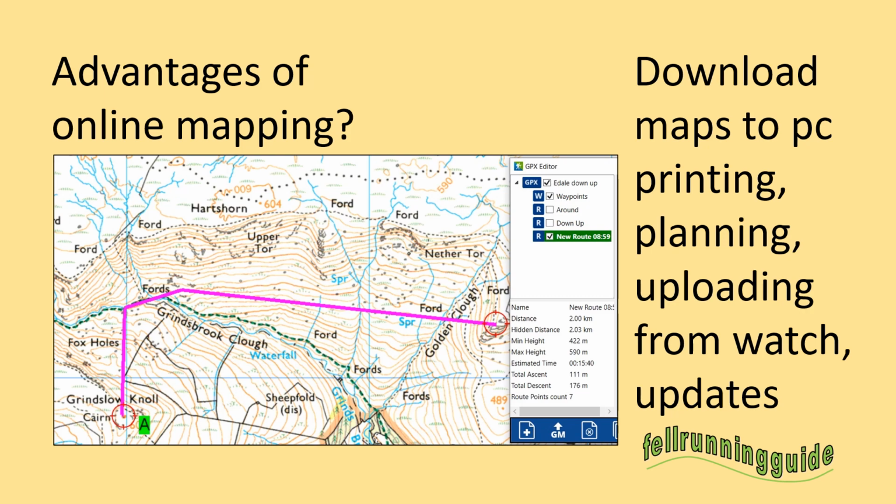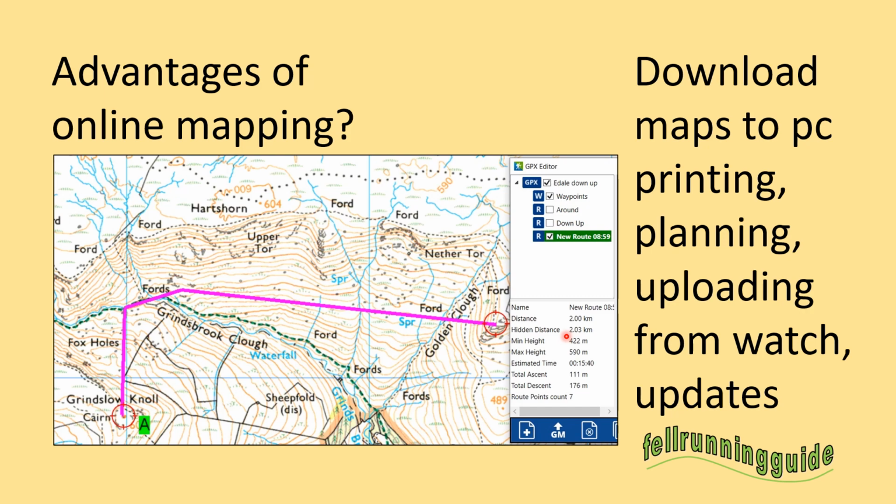Another really useful thing is route planning. So for example, on this map here you can see I've planned a route, and the map software tells me things like distance, minimum and maximum height, estimated time based on the parameters that I put in to tell it how fast I'm covering the ground, and it'll give us total ascent and total descent.